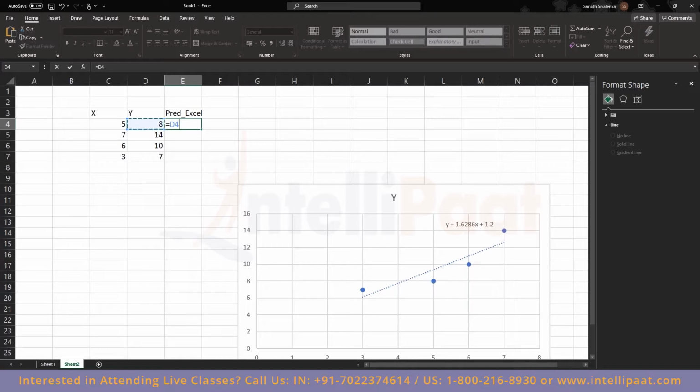So y is equal to mx plus c, which is 1.628 multiplied by x plus 1.2. These are Excel's predictions.